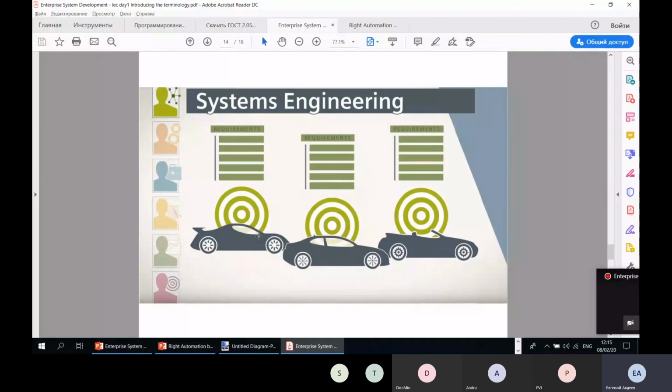Will it have a special braking system or not? And if it will, how does it have to work? So this is a very detailed description of these requirements. Of course, at the beginning of the product, it can be more abstract, but before actual concept production, it has to be finished.